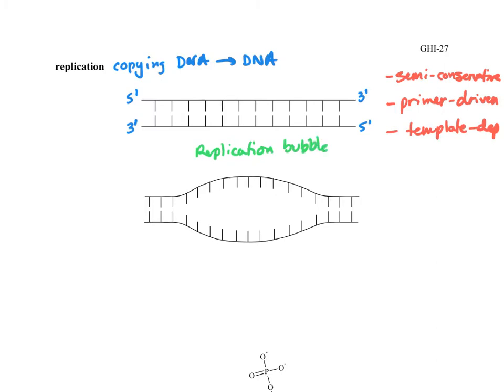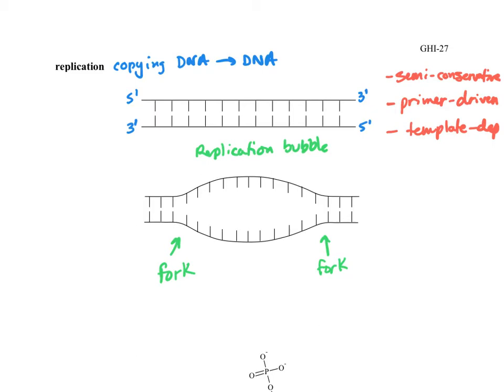A replication bubble is when we take the DNA in the middle of some sequence and pull it apart to form two single-stranded regions in an area that looks like a bubble.